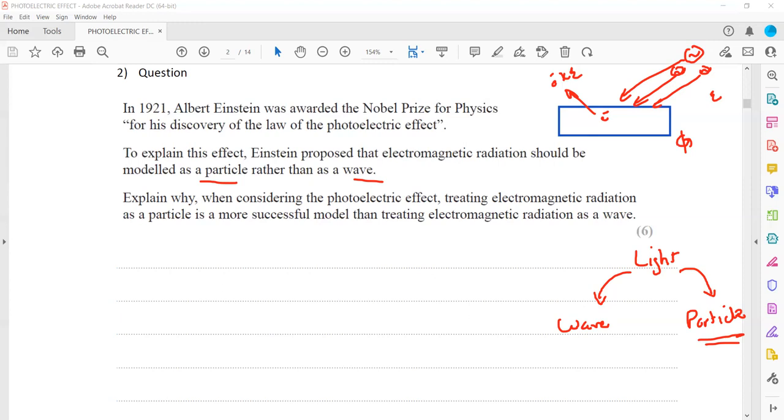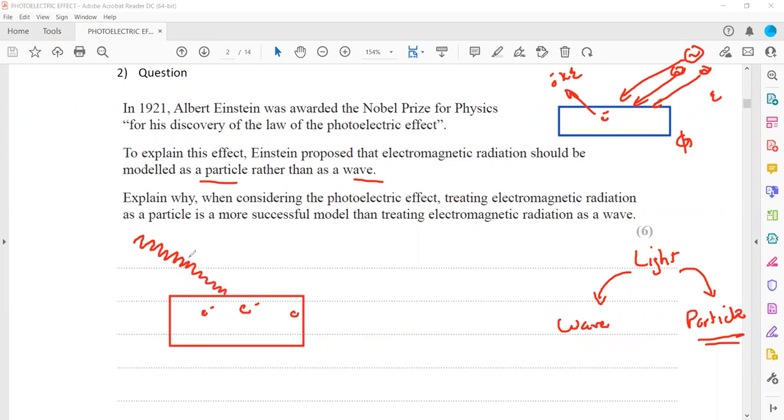according to wave nature, because a wave is like a continuous supply of energy, it cannot explain that effect. It can only be explained by particles. For example, if there is an electron here in the metal and light was behaving like a wave, what should happen?